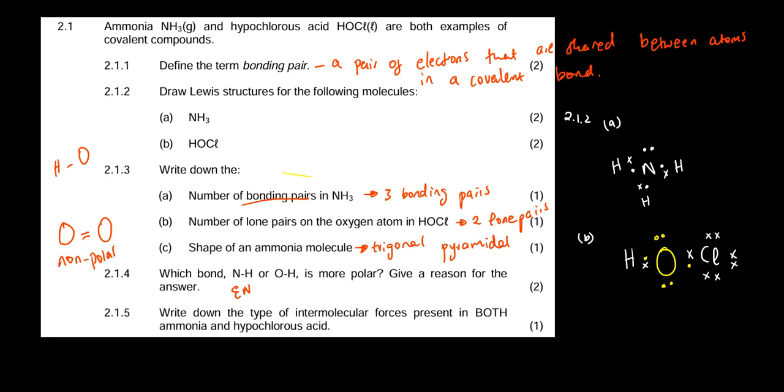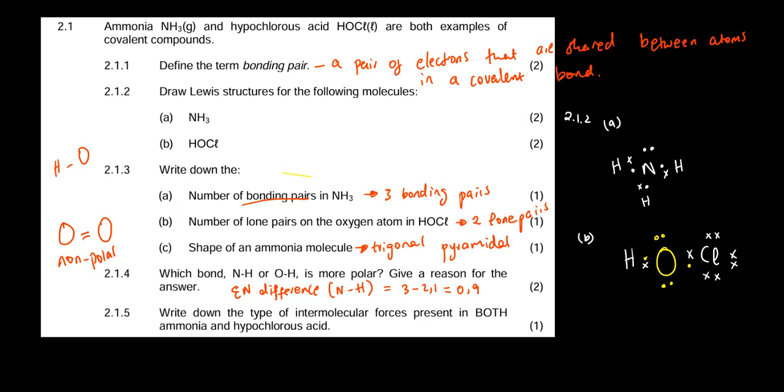So if we calculate the EN difference for NH, it's going to be 3 minus 2.1, which is 0.9, right?